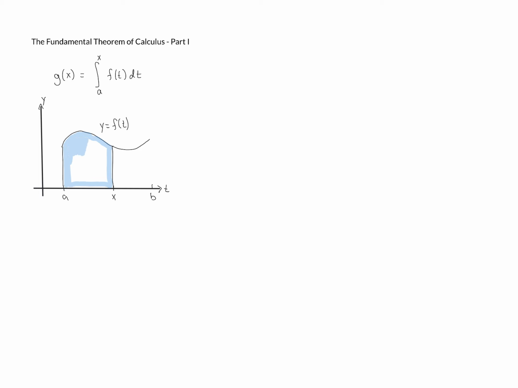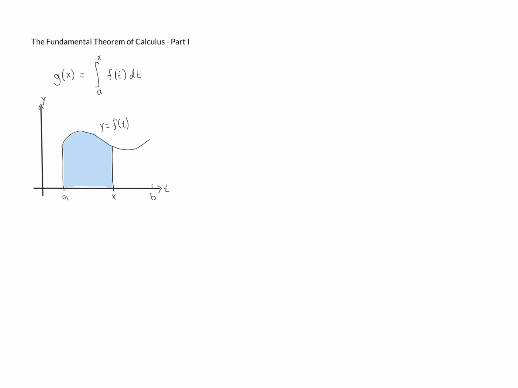So that integral on the right-hand side up above, the integral of f of t dt as t ranges from a to x, is basically the area of this region, and it depends on x. If we increase x, then that gives us a larger region and it gives us more area.